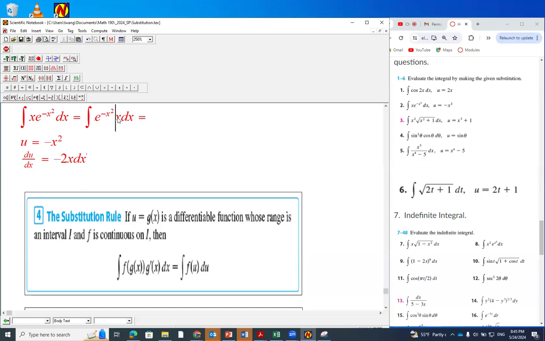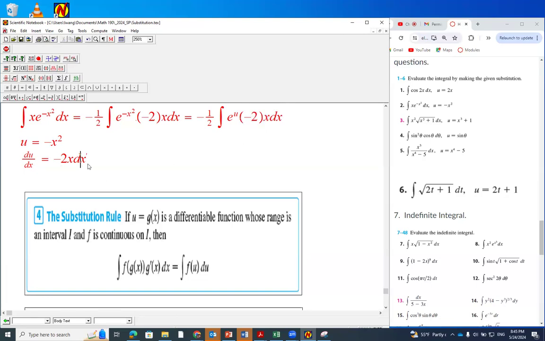So we multiply by a negative 2 so we can match the whole thing. When we multiply by negative 2, we have to divide by a negative 2. So 1 divided by negative 2, and then you can put the negative sign in front. So by this time, we will be able to turn that into u, and this piece is du.